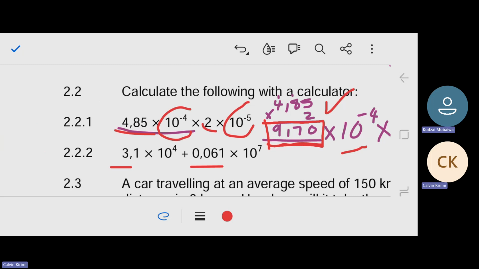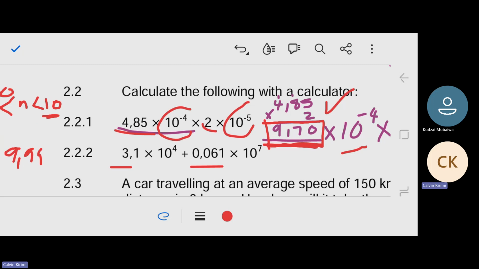So the number must be less than 10, but greater than 0. Because this number, you can see it's more than 9. It can go until 9,99, as long as the number is less than 10, and as long as the number is not a 0.